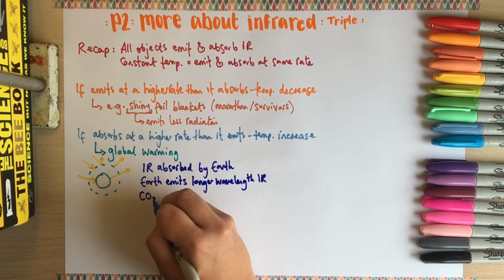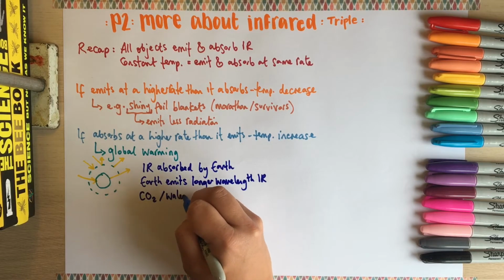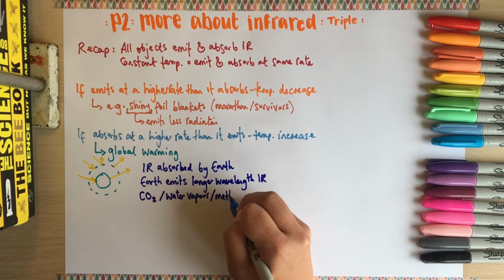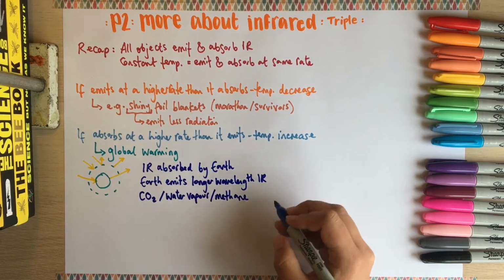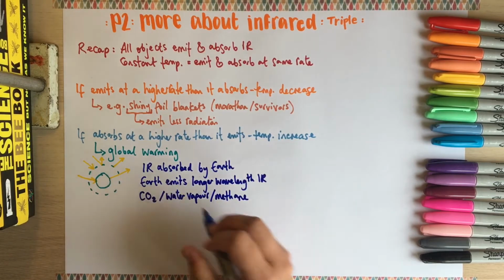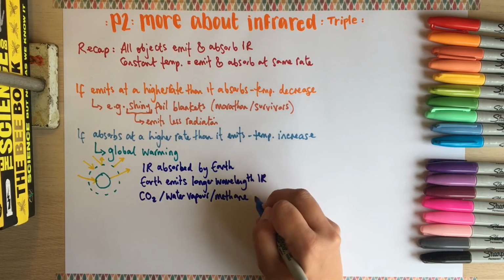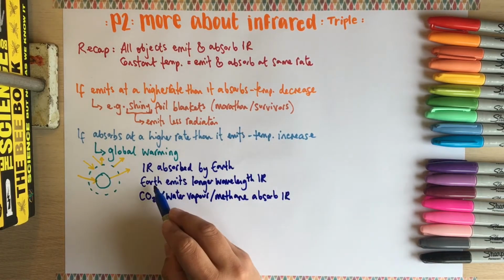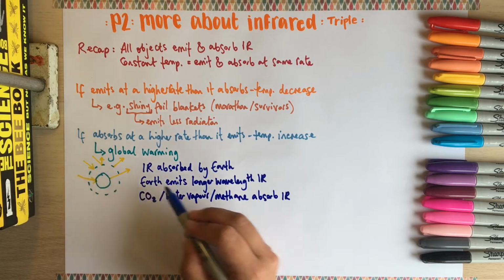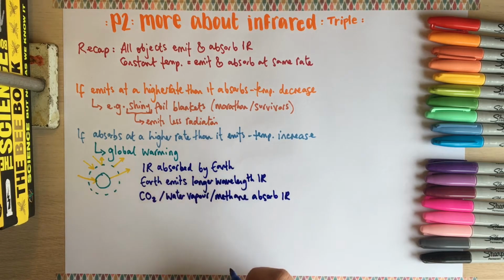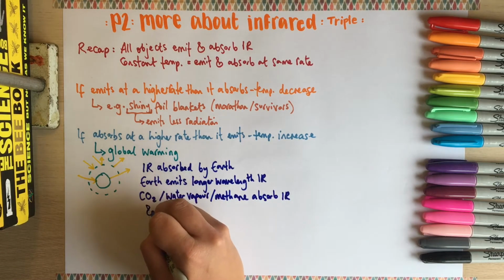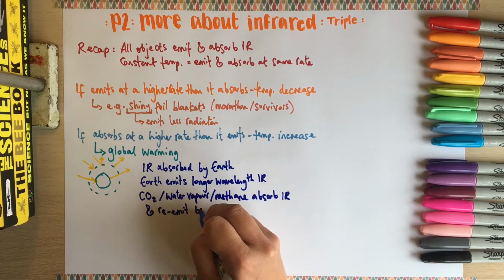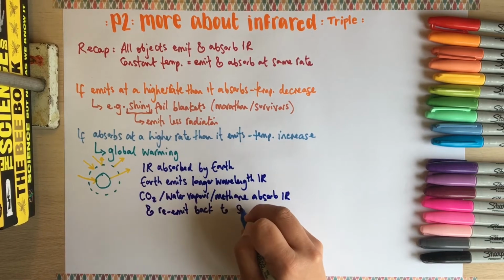So the gases are carbon dioxide, water vapour, methane, and these are all really good absorbers of the radiation, okay? So these absorb the infrared radiation, so either that's coming in from the sun or that's being emitted by the ground, and then re-emit it back to the surface.